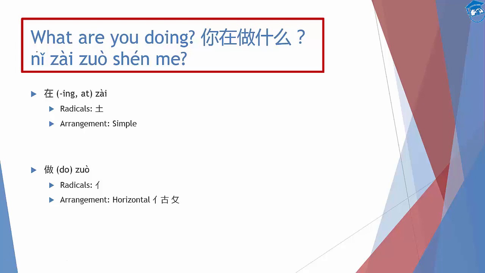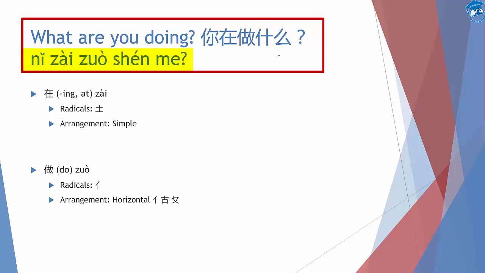The question, what are you doing? The way to ask is 你在做什么? If you noticed, when we ask a question, the tone at the end of the sentence remains true to the tones. We don't raise our pitch when we are asking a question.